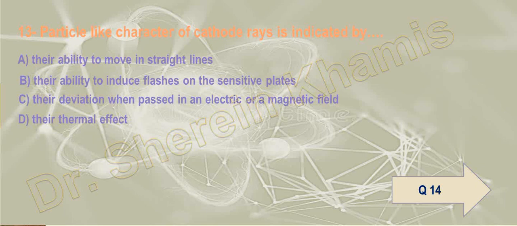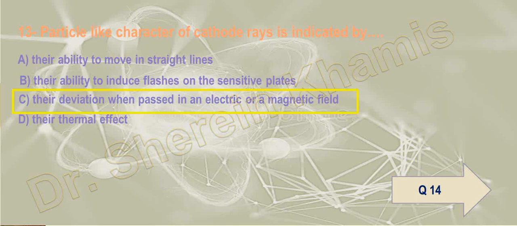This is the main character, the particle character that cathode rays are indicated by. So the right answer is C, their deviation when passed in an electric or a magnetic field.